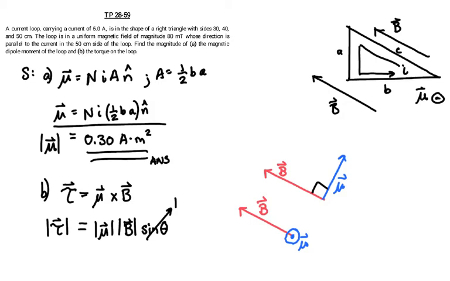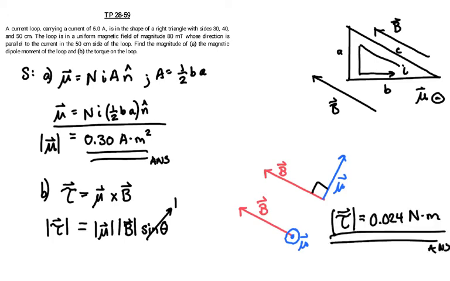Alright, so as you put in those two values, one from part A and one from the problem statement, we will have the answer to part B. So our answer is 0.024 Newton meters, and those are the same units that we used in our torque lessons prior to this when we were looking at pulleys and just forces acting on rotating objects. So even though we're in the electricity and magnetism portion of the course, it doesn't mean that our units on torque are going to change.